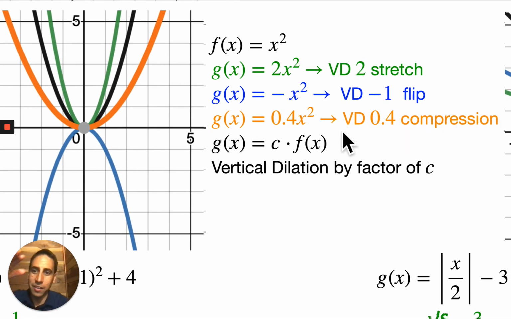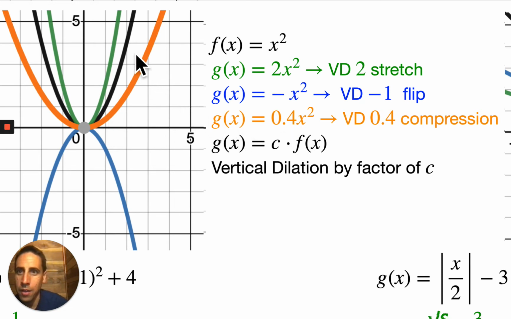That means, if you printed the black original parabola on a loaf of bread and you squeezed it, what would that look like? All of the y values would be closer to the x-axis. So here's a y value of 1 right here, and it gets cut down to 0.4 because we're multiplying everything by 0.4.